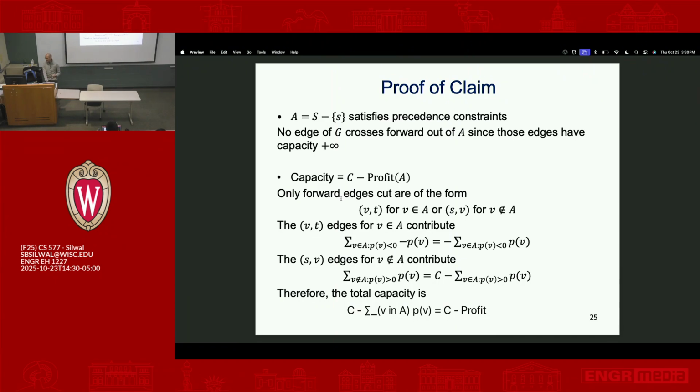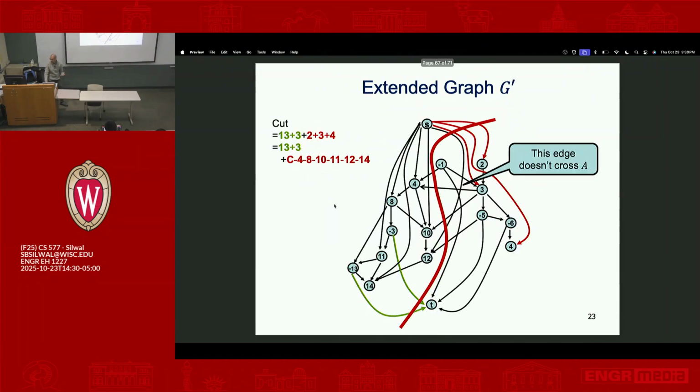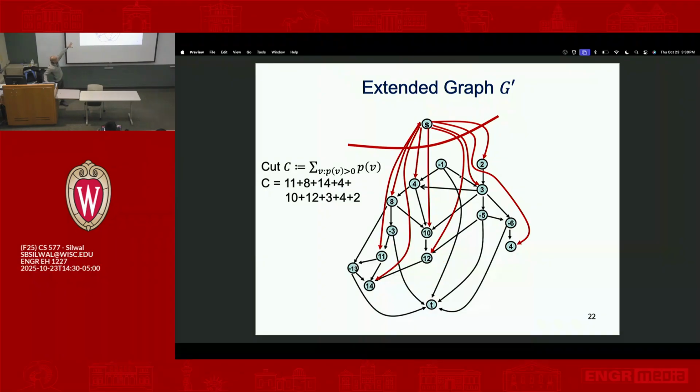But you can just check, actually I can explain it in words. Let's look at S to 2. 2 has a positive profit of 2, this node. If I were to bring it to the side of S, I'm not going to capture that in the cut. So that's going to be subtracted from this value C, because it's a positive value. If I pull it to the S side, it's not going to participate in the cut.